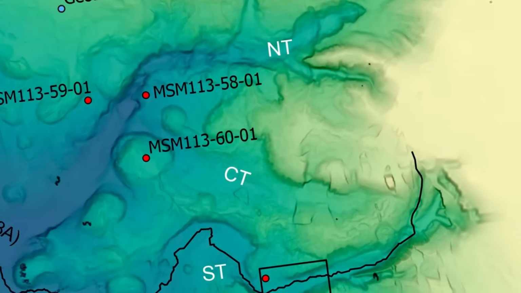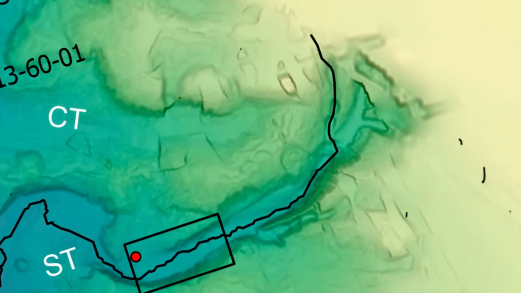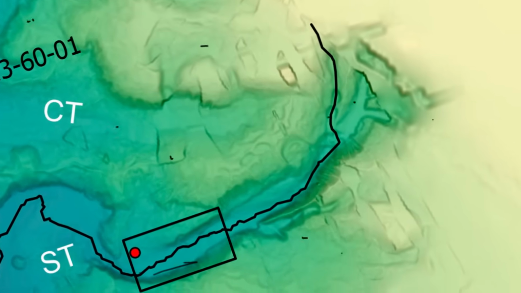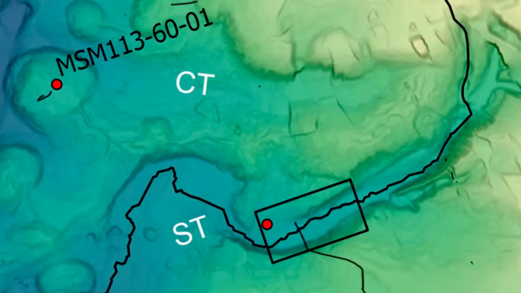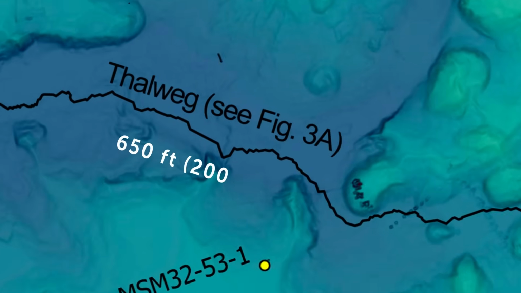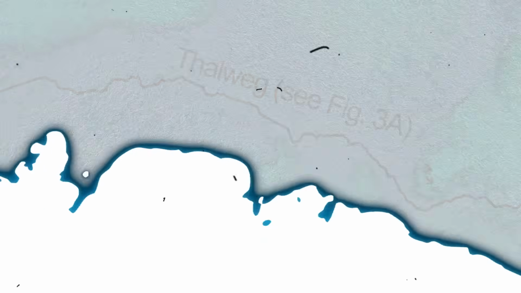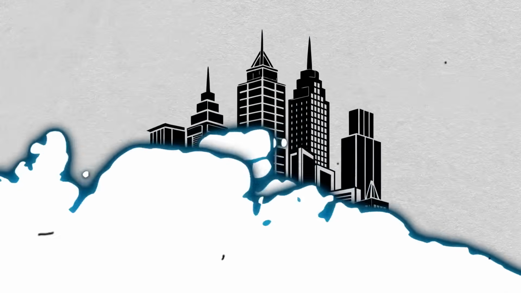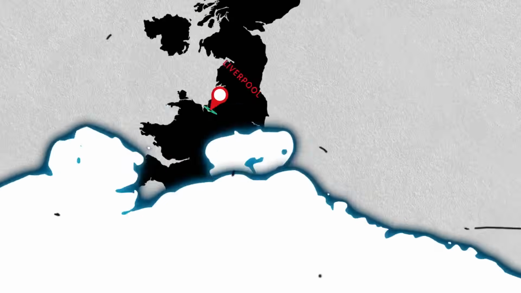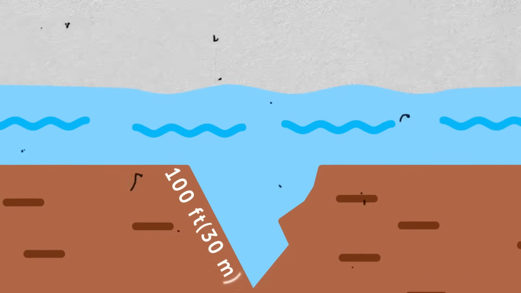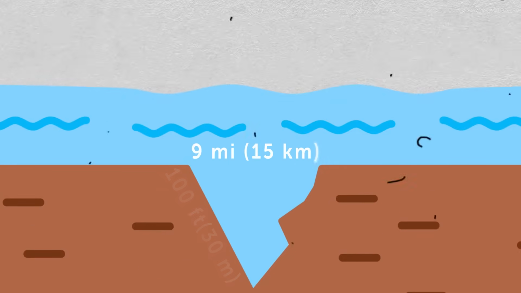An even cooler thing, the event itself started off pretty modestly, but it quickly evolved into a colossal avalanche that grew to more than 650 feet tall. To put that into perspective, imagine a skyscraper-sized avalanche zooming from Liverpool to London, cutting a trench 100 feet deep and 9 miles wide.